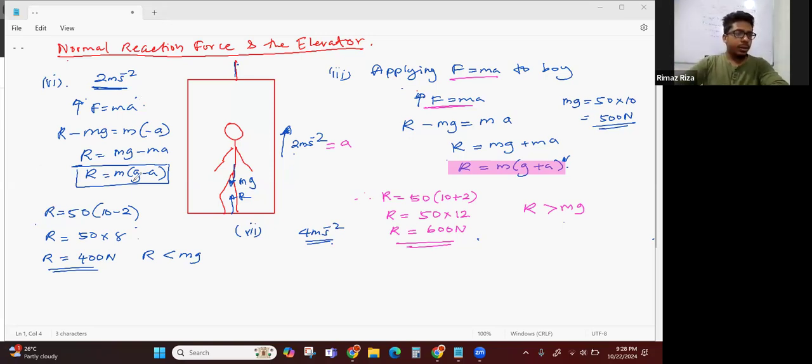So here you can take this formula, R equals 50 times (10 minus 4). So R will be equal to 300 Newton, because 50 into 6 is 300 Newton.